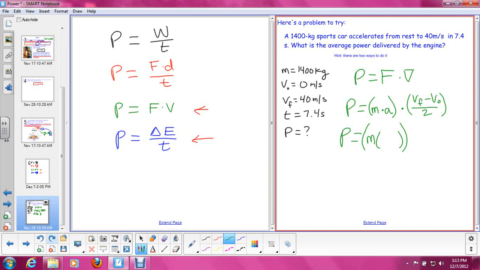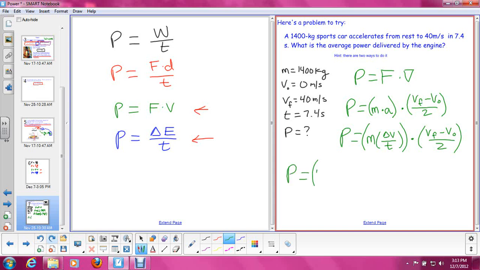Its definition is a change in velocity over time. And then we multiply that by final velocity minus initial velocity, all divided by 2, the average velocity. So now we need mass, time, and velocity. A couple different velocities, but velocity. And those are all of the things that we are given. So now we can start plugging numbers in.